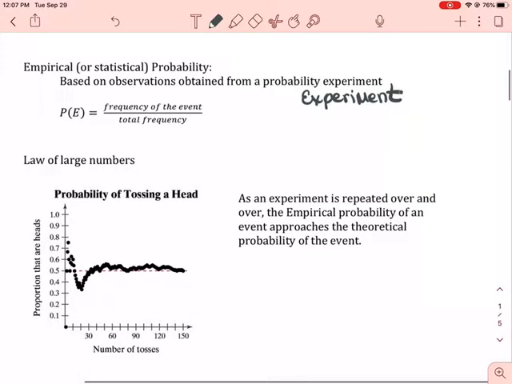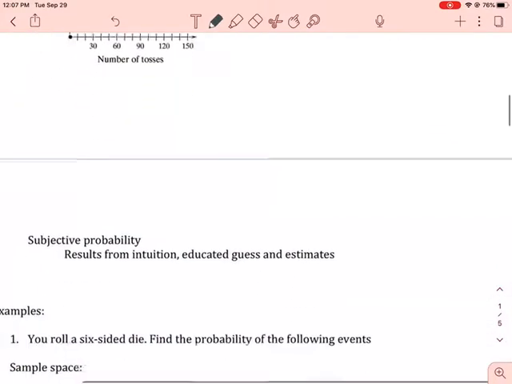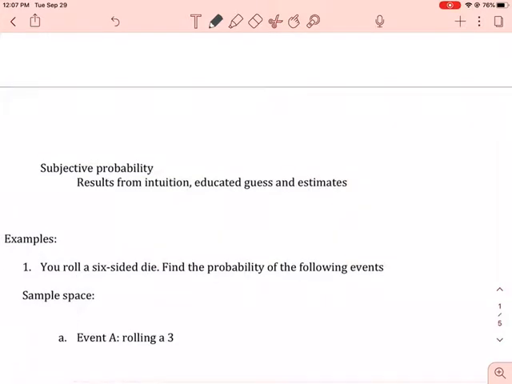So what you have to do is, if you do that thousands of times, like in our graph here, eventually you'll get 50-50. But the smaller the number of times you do it, the less likely you are of getting the actual theoretical probability. So when you're doing an experiment, that's why we do things over and over again, to get the theoretical probability. All right, so that's the idea here. The more times you do it, the closer it becomes to the theory.